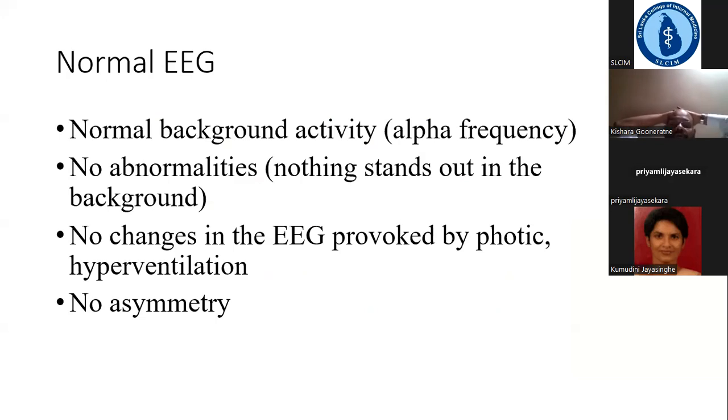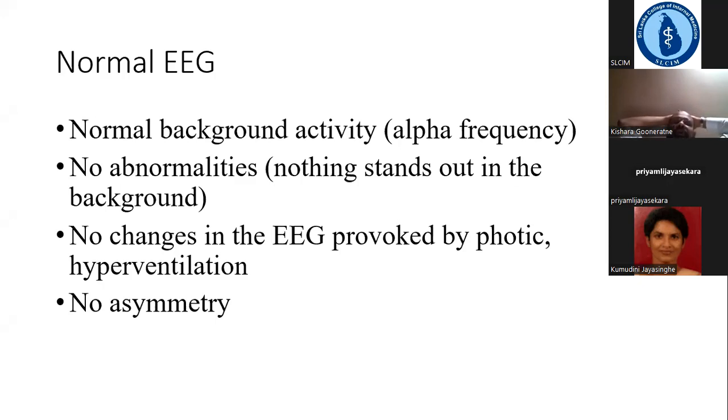I'm not going to go into the various changes that occur from the neonate to the infant to the child to adolescence, because there is a progressive change in EEG frequency of a normal background, and we generally reach adult frequencies by around 8 years of age. Generally, they start forming a normal alpha frequency by around 3 years of age, and by 8 years, we'll have a normal alpha frequency.